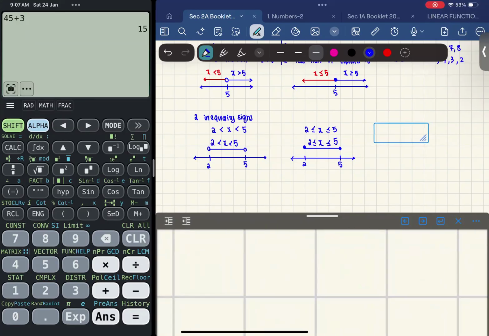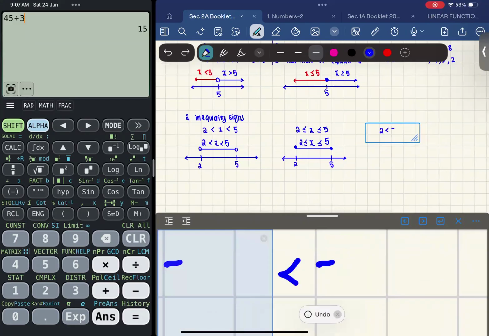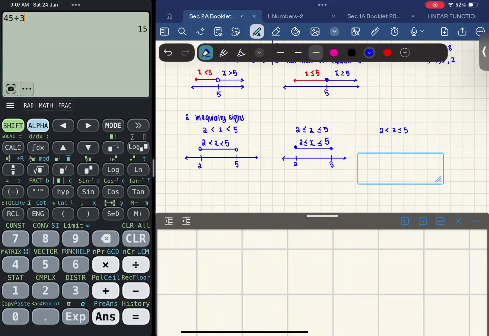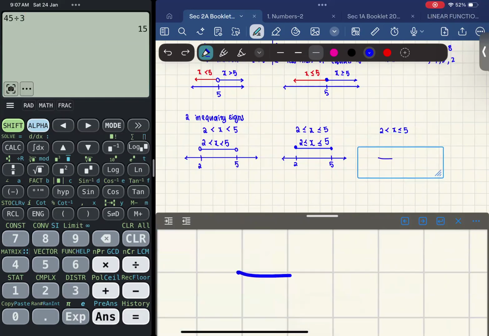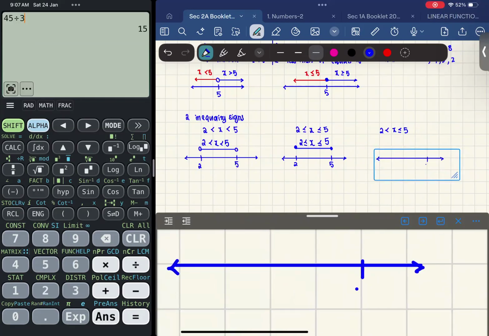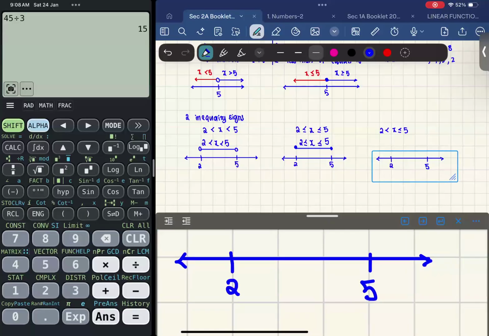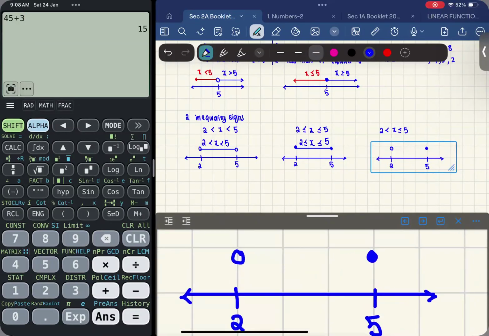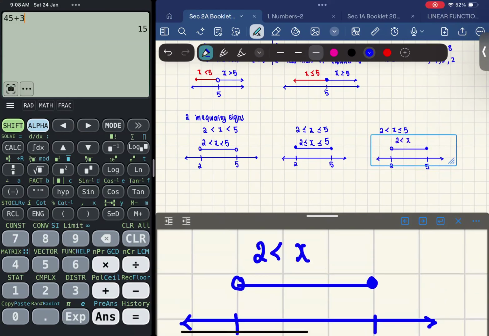And if we have something like this, very simple, the number line is the same. We follow the sign. This is an empty circle, this is a bolded circle. We draw a line in between. So this is 2 is less than x is less or equals to 5.